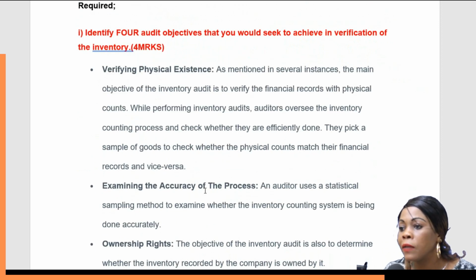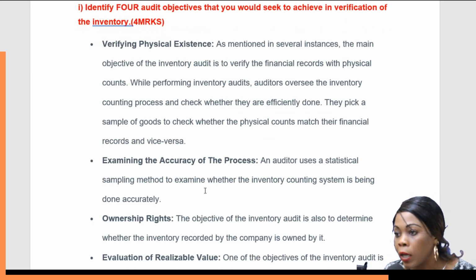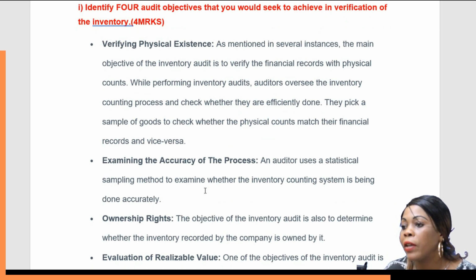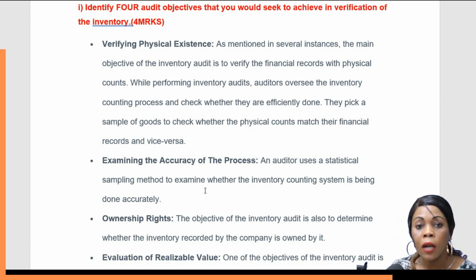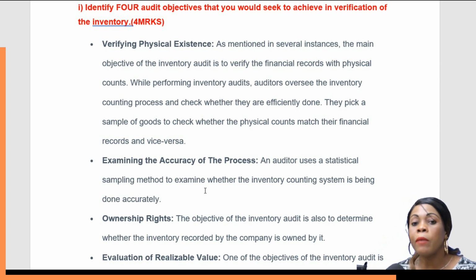The 4 objectives include, the first objective is verifying physical existence. As mentioned in several instances, the main objective of inventory audit is to verify the financial records with physical counts.